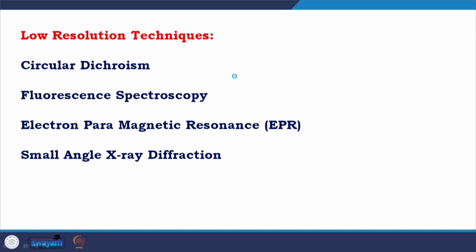Low resolution technique, there are many techniques. I will talk about circular dichroism, fluorescence spectroscopy, electron paramagnetic resonance, and small angle X-ray diffraction. But when I say low resolution, it seems these instruments or these studies are less efficient than high resolution.